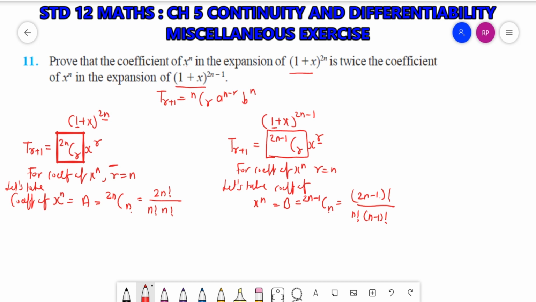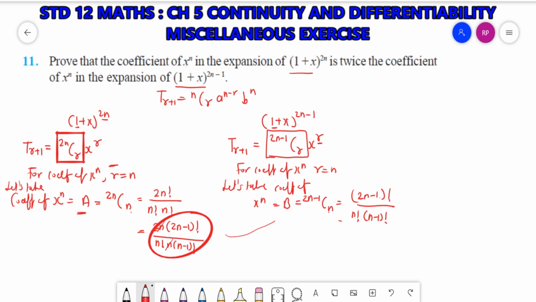Now see, we can reduce a like b. I will reduce 2n into (2n-1) factorial upon n factorial as it is now. This n factorial is n into (n-1) factorial, and n gets cancelled. So if I just cross out 2, then this term is nothing but b.